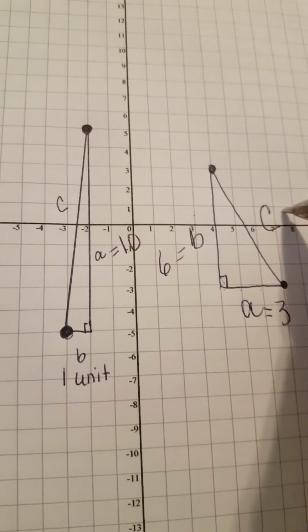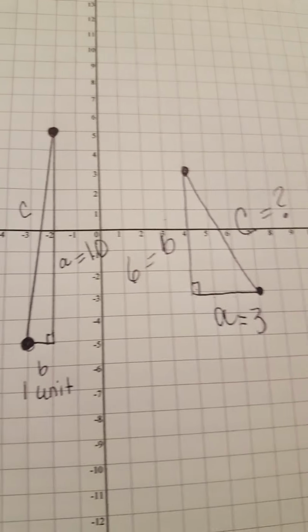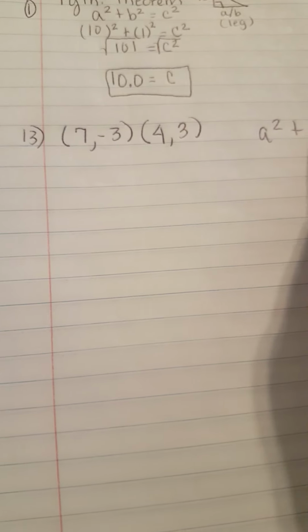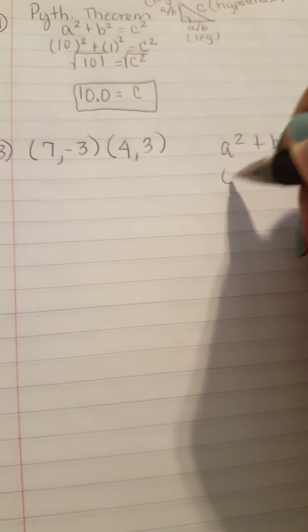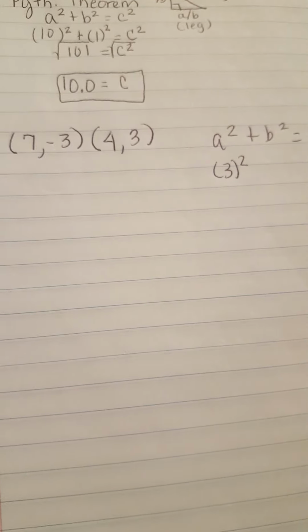So the hypotenuse, that is my unknown. So taking the information, going to my paper to work the problem out. So my formula, a squared plus b squared is equal to c squared. A is 3 and it's squared. My b is 6 and it's squared.